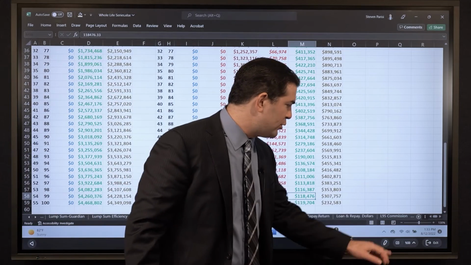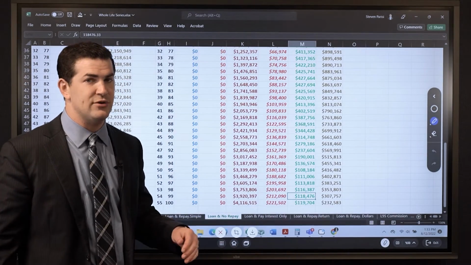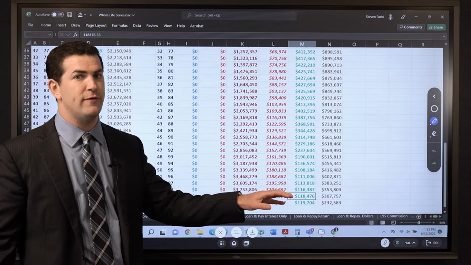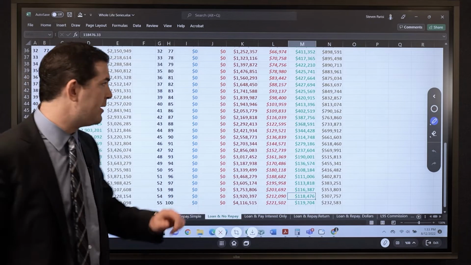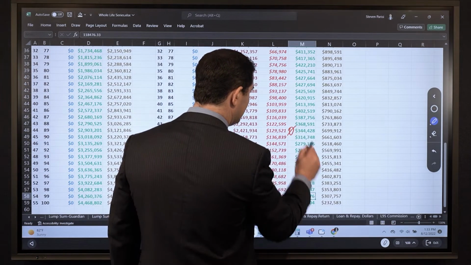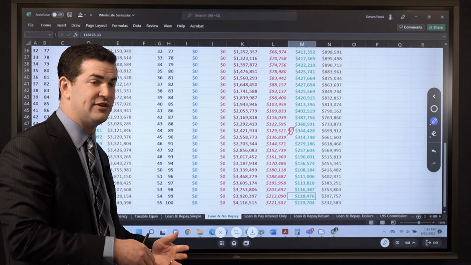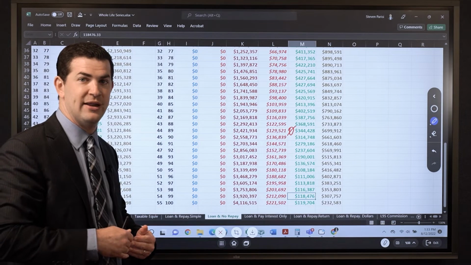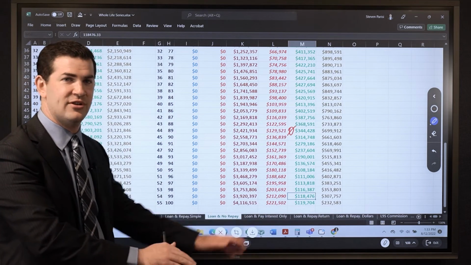Where people can fall into a trap here is if we were to go back up to year 6 and model a loan of $400,000, and ran this same scenario, what would happen is if that cash value gets too low and eventually hits 0, or we get to a point in time where the policy says our cash value cannot cover the loan interest that's still due.